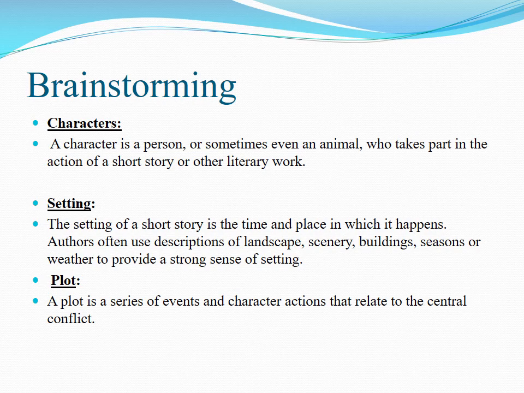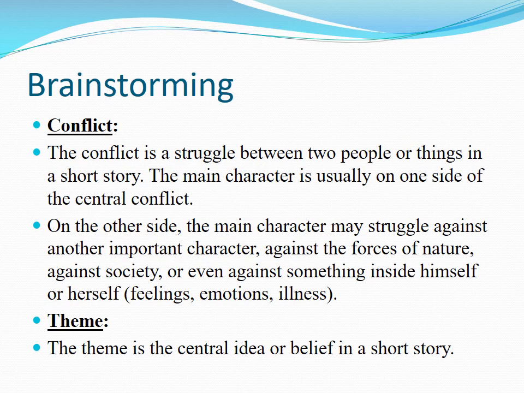Okay, the next important thing, that is the third element of the story, is plot. Plot is the third important feature of a story which revolves around the characters. It is basically a series of events, and characters lead to different situations and actions. The fourth important feature of the story is conflict or problem that emerges among different characters.